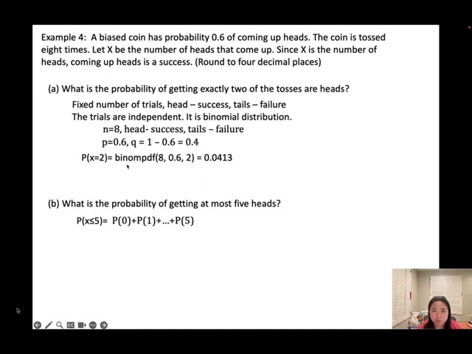Will you use binomPDF or binomCDF? It should be binomCDF, right? Because CDF means we calculate the probabilities cumulatively from 0 to that point. So binomCDF, and n, p, and then the x. Use your calculator, you should get 0.6846.